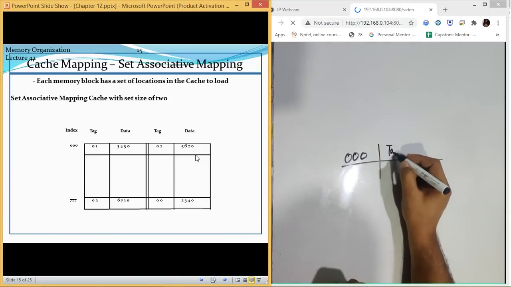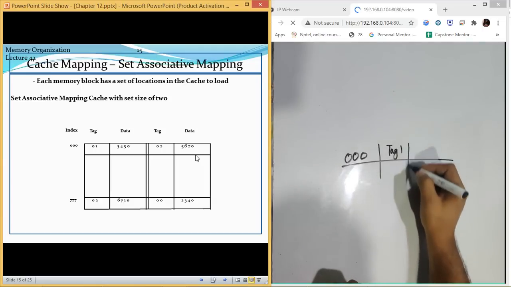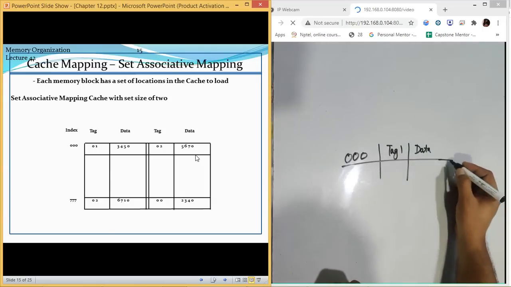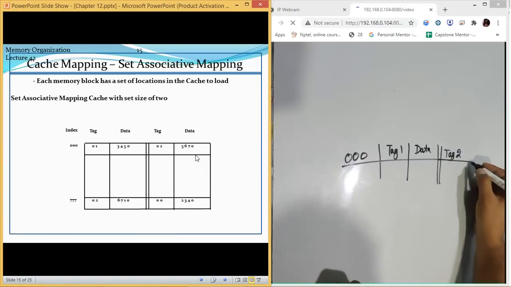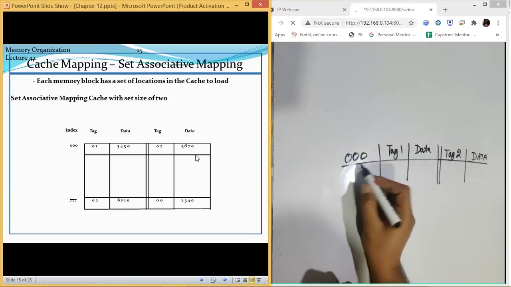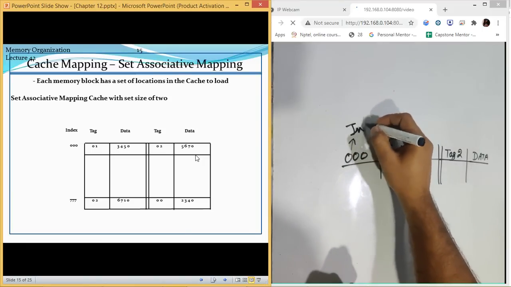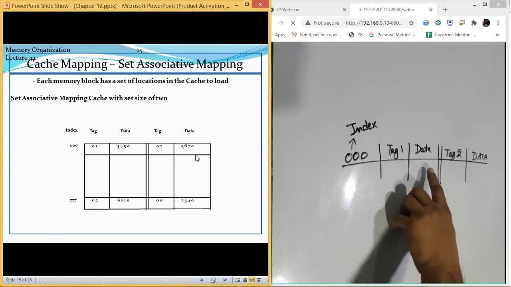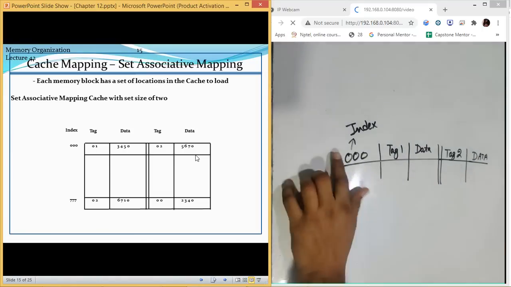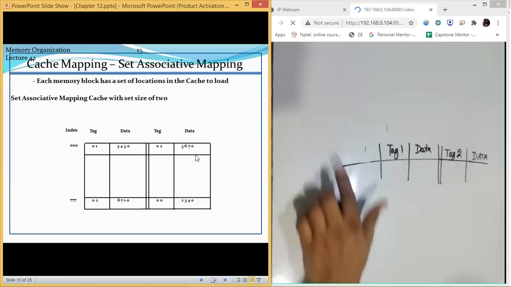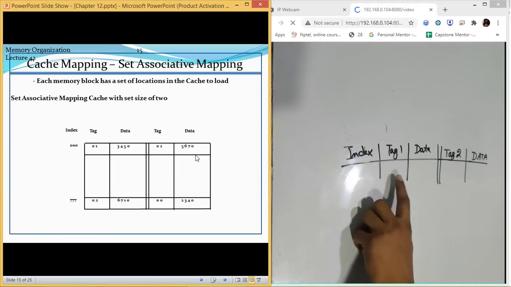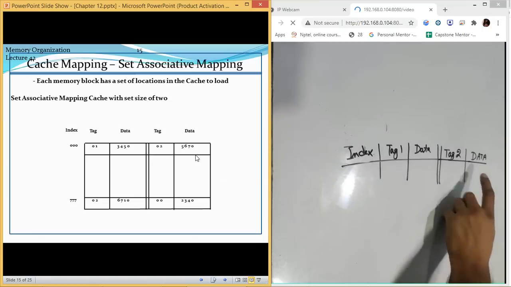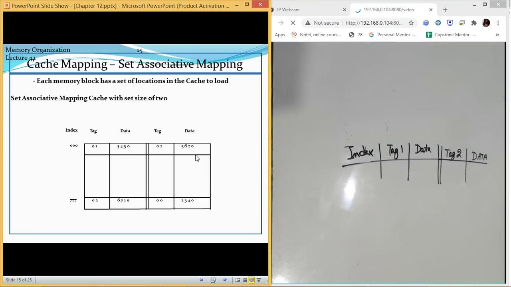So this is one tag, which can be known as tag 1, and for this we have a particular data to store, whereas we have a second tag, and in this tag we have separate data. So at a particular index, we have multiple tags available. You can just write it as index. So for a single index, we will have multiple tags present and those multiple tags will contain multiple data.